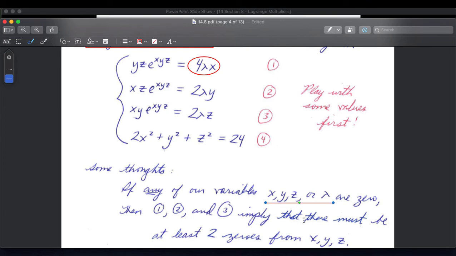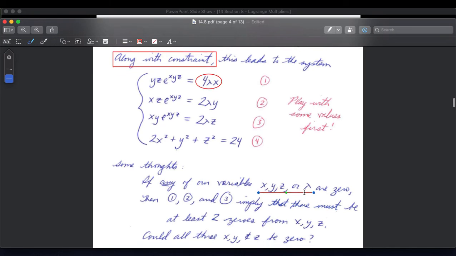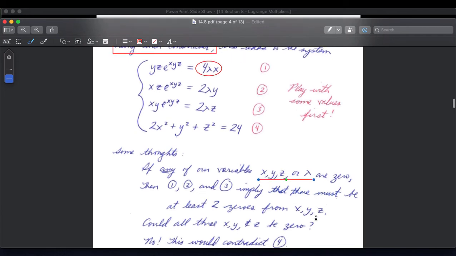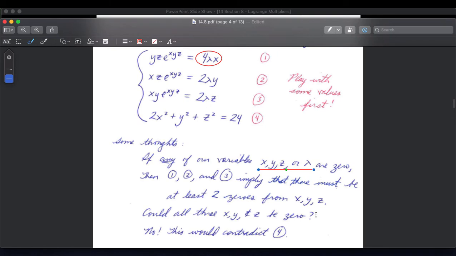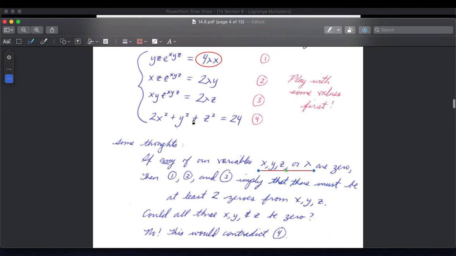So why don't we take it to the next extreme? Could all three be 0? Could x equal 0, y equal 0, and z equal 0? Well, the answer is no. Why not? You always have to keep an eye on your constraint. x can equal 0, y can equal 0, but z could not, or any other combination.